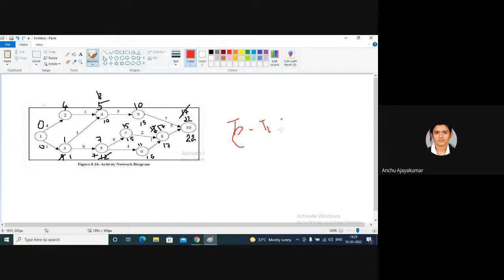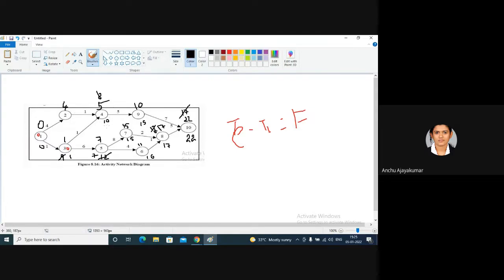TE minus TL will give you a float value. That is 0 minus 0, float is 0. 1 minus 1, your float is 0. Here I forgot to add an activity.